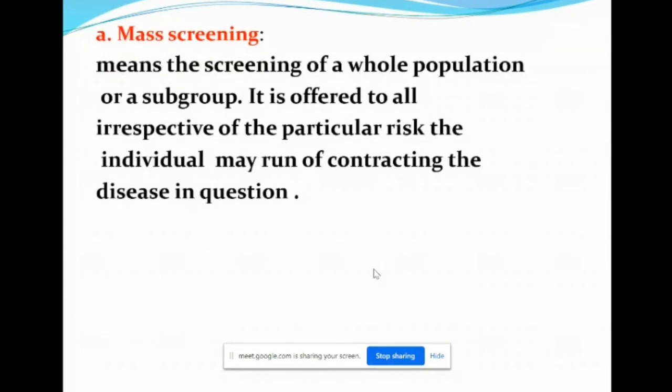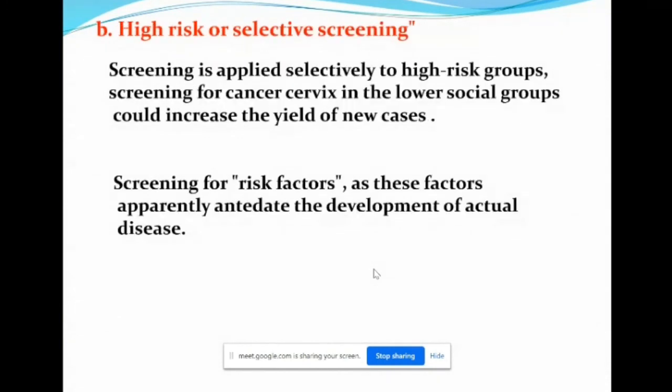First of all, mass screening means that the whole population or a subgroup of the population has the screening, irrespective of whether they are at risk of developing the disease or not. The second type is high-risk or selective screening. Here, the screening is applied selectively only to high-risk groups.